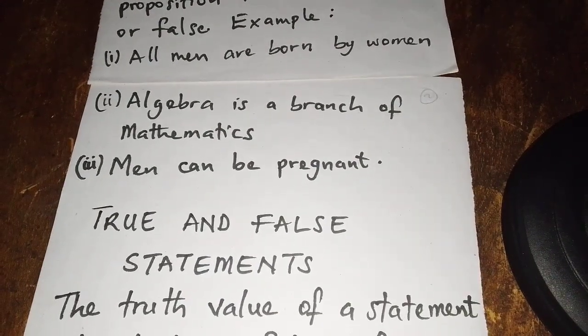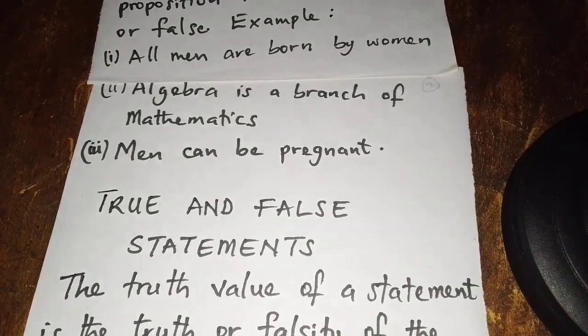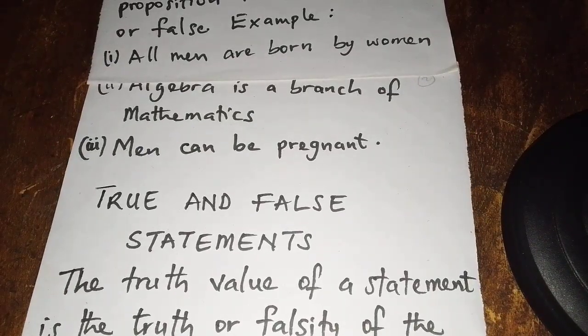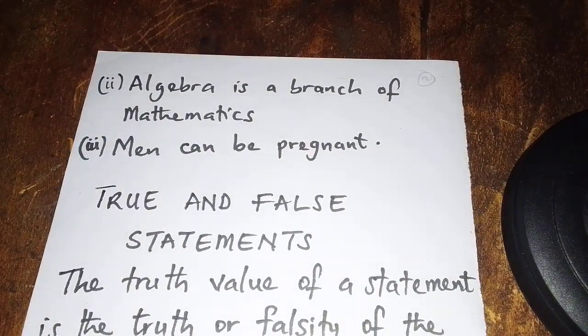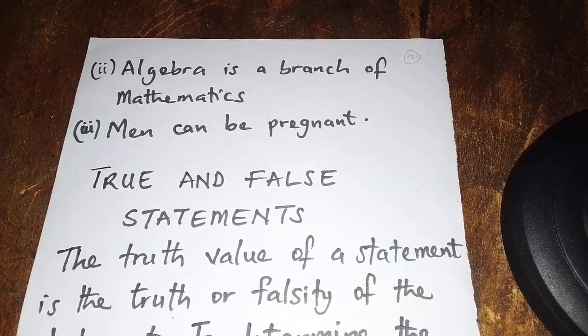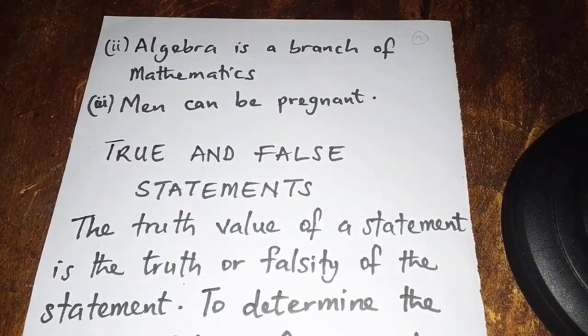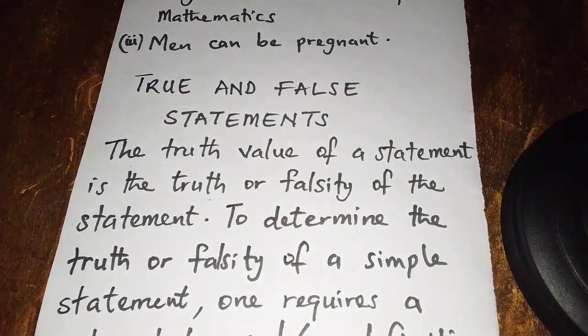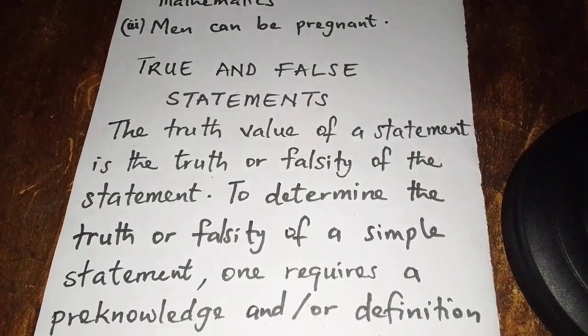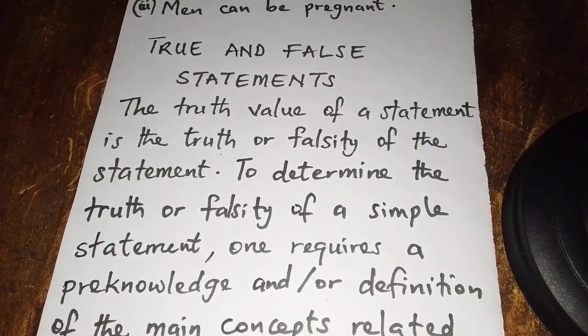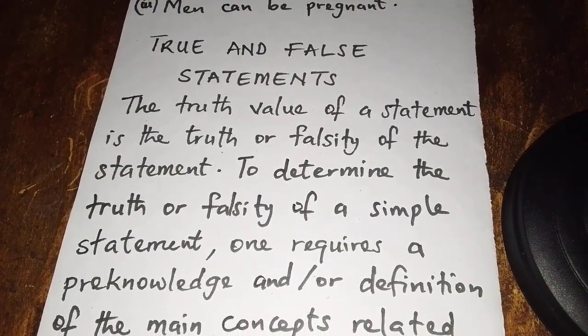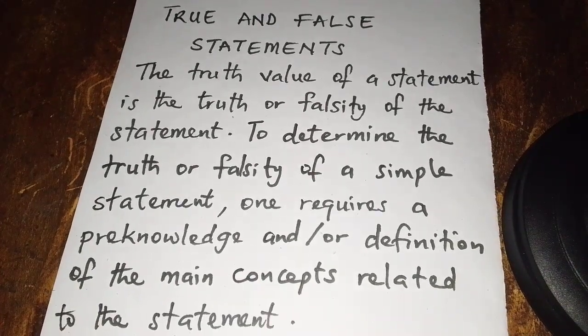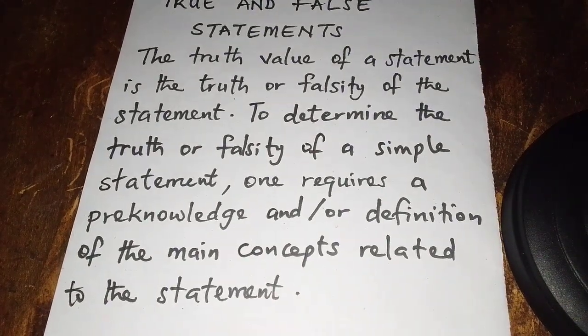Now let's go to true and false statements. A truth value of a statement is the truth or falsity of the statement. To determine the truth or falsity of a simple statement, one requires a pre-knowledge or definition of the main concept related to the statement.